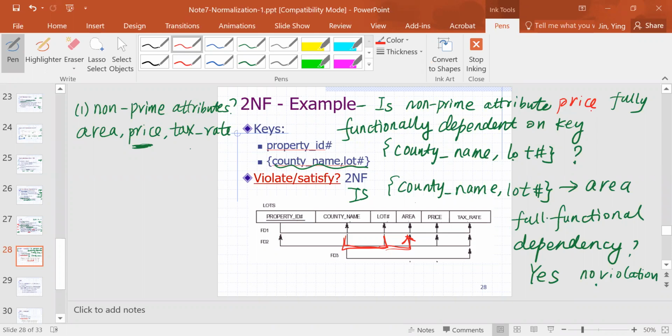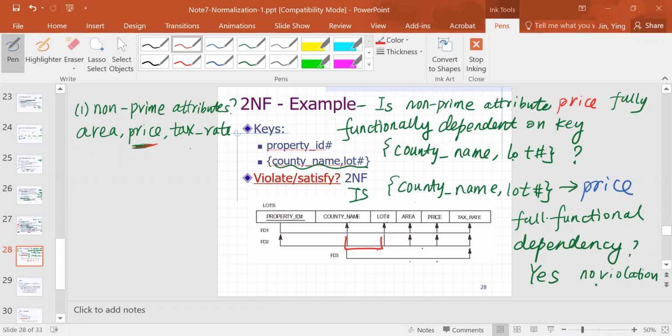So I'm going to ask about the price, the second one. Is the price fully functionally dependent on the second key, county name, lot number, or not? Another way to ask the same question is here: is county name, lot number to price a full functional dependency or not? Let's see things related to them.